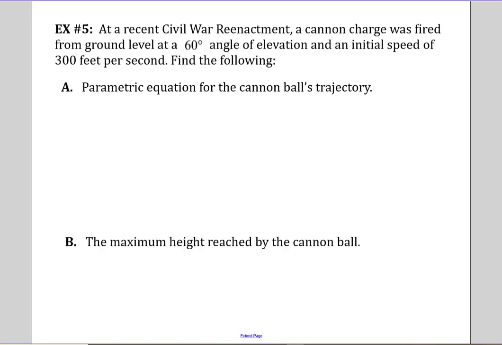So let's give it a try. At a recent Civil War reenactment, a cannon charge was fired from ground level at a 60-degree angle of elevation and an initial speed of 300 feet per second. And we want to write the parametric equation for the cannonball's trajectory. So we know a couple of things. We know that v sub 0 is 300 feet per second.